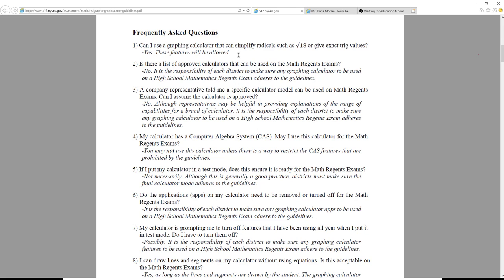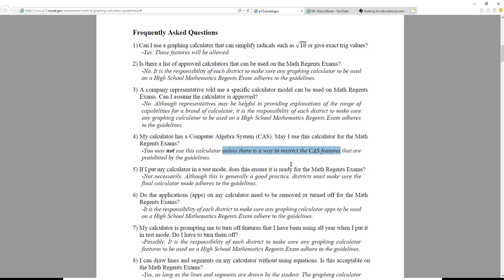So that's a big deal that you can have exact arithmetic. Number 4, my calculator has a CAS, a computer algebra system. May I use that on the Regents exam? You would expect the answer to be no, which it is, unless there's a way to restrict the CAS feature.